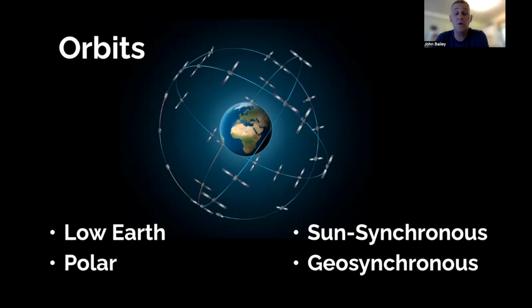Well, that is definitely true, but there are also some trade-offs we're going to look at in a minute. Sometimes, instead of just putting it in some random low Earth orbit, we might put it in a polar orbit. That has certain benefits in terms of repeat coverage, what we call the temporal resolution, how frequently we can recapture the same area.